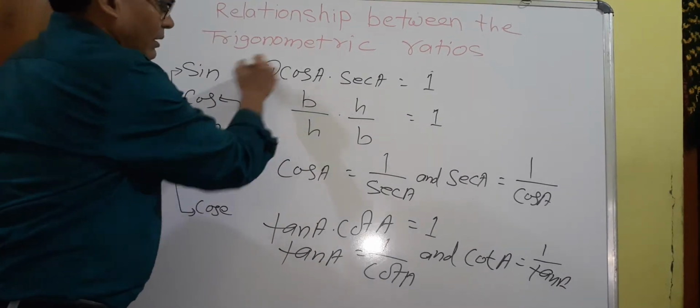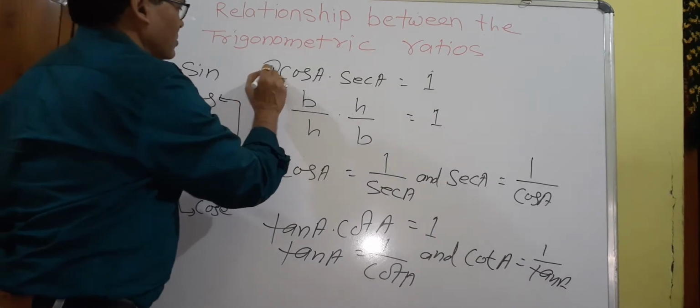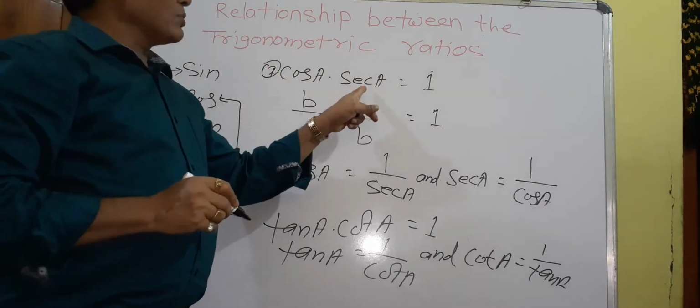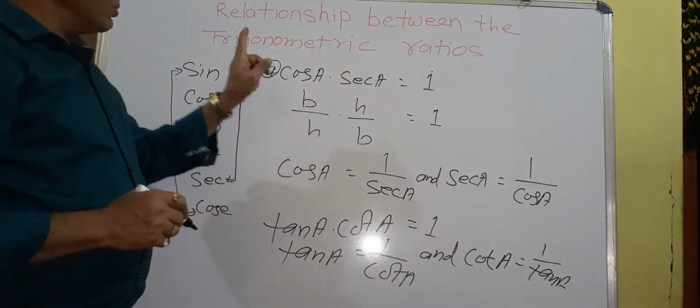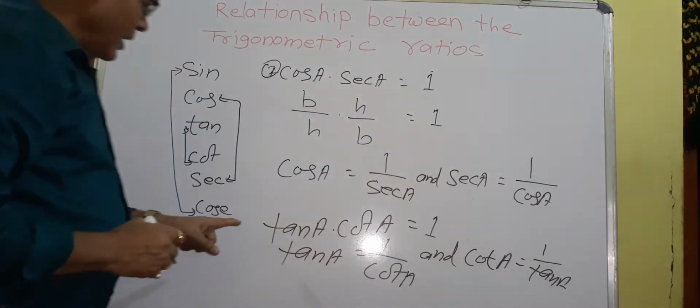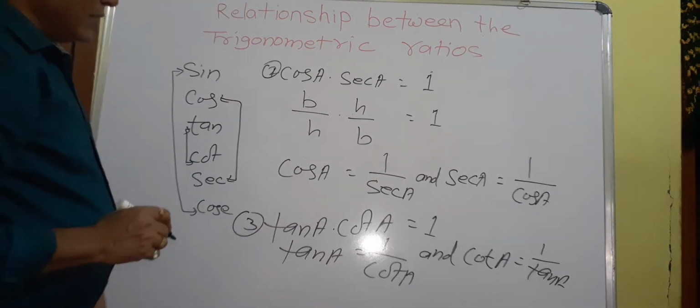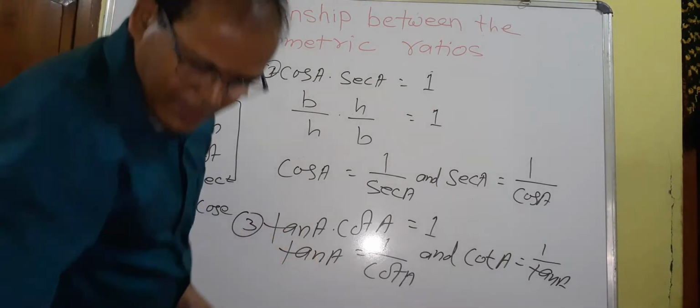This is number 1, number 2. Number 1 I have already written: sine A into cosec A is equal to 1. Number 2, cos A into sec A is equal to 1. And number 3 is tan A into cot A is equal to 1.